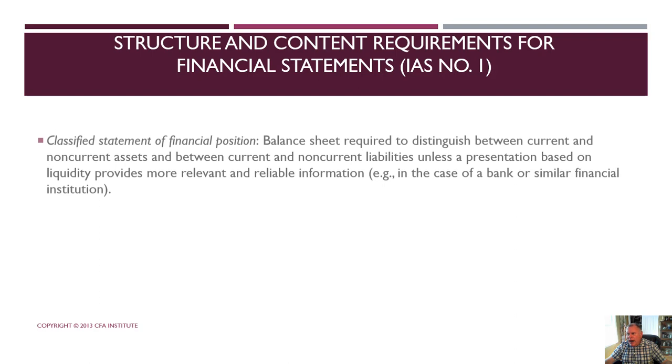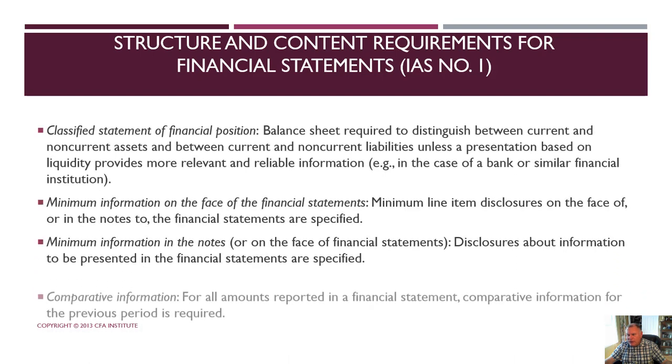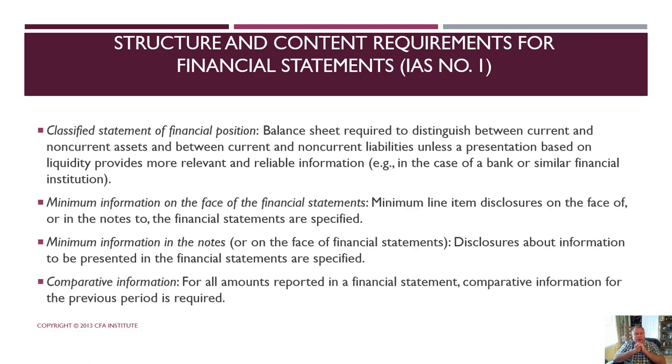When we look at IFRS, this is where it can be a little bit different. In the U.S., balance sheets are required to be classified, broken between current and non-current assets, and current and non-current liabilities, unless a single format based on liquidity provides both relevant and reliable information.